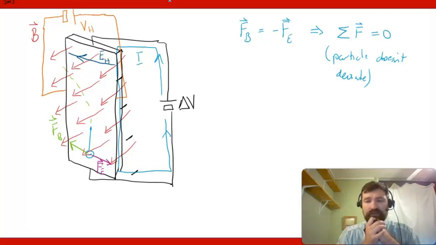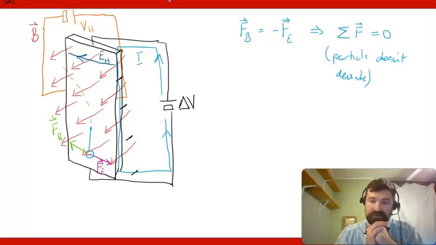Now, if I have the bias voltage balanced to where no charges move onto one side or the other of the plate, then whatever bias voltage I've applied will also be the voltage measured by the probe.